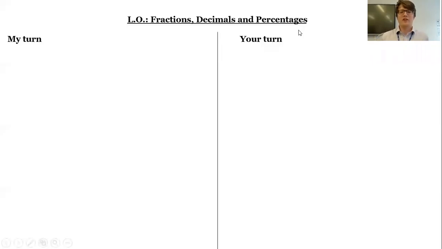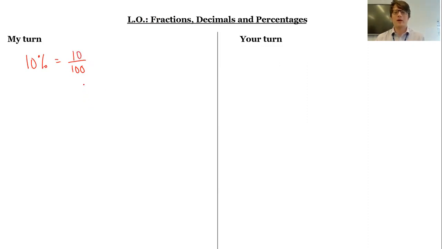Okay, today we're going to finish off our work on percentages by making some really clear links to decimals and fractions. We've already done quite a lot of work with fractions this week because we saw, for instance, with something like 10%, that percent, remember, means part out of 100, so I can write any percentage as a fraction with 100 as a denominator.